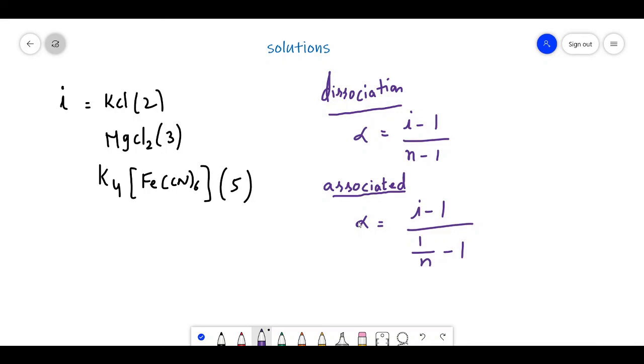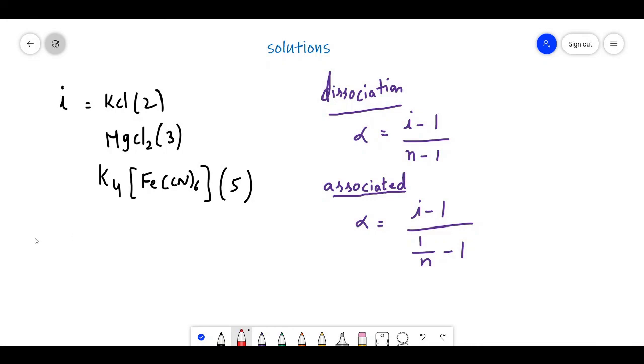If the solute which is given is not associated, then the i value can be equal to 1. Next, based on this i value, all the colligative properties are changed. So whenever a solution like KCl, MgCl2 and this type of solutions are given, then in that case we have to consider i value also.